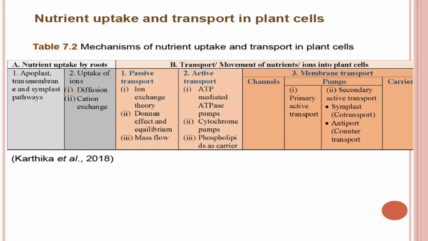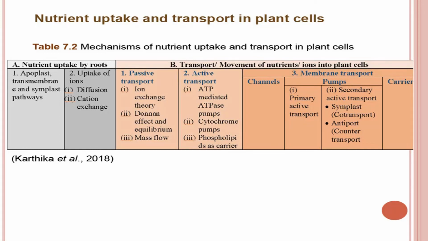Now come to passive transport. In passive transport, there are three different theories, and these are: number one, ion exchange theory; number two, Donnan effect and equilibrium. Many times you must have heard about the Donnan effect and Donnan equilibrium. Today we are going to see it, going to understand it also.